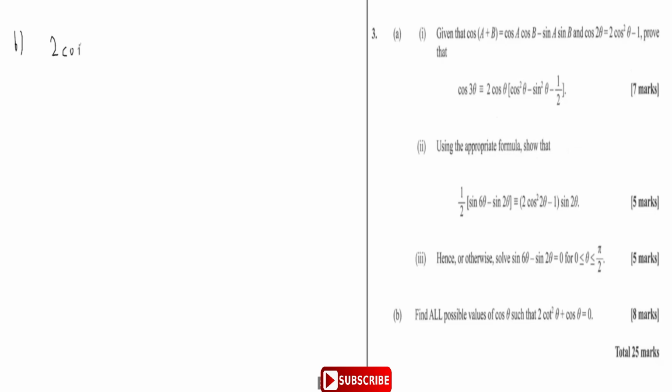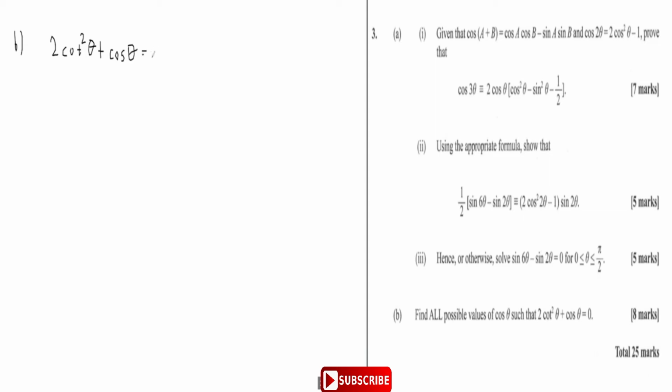So first thing we have to write down is 2 cot squared theta plus cos theta, and we know that this is equal to 0. 2 cot squared theta plus cos theta, this is equal to 0.